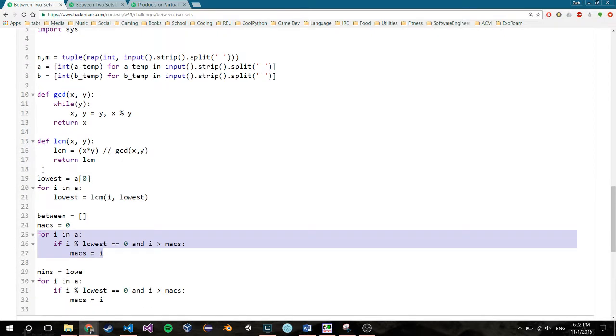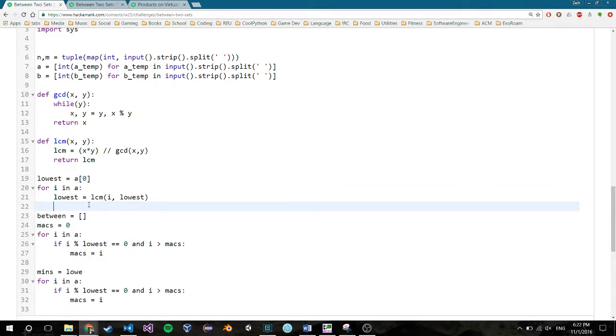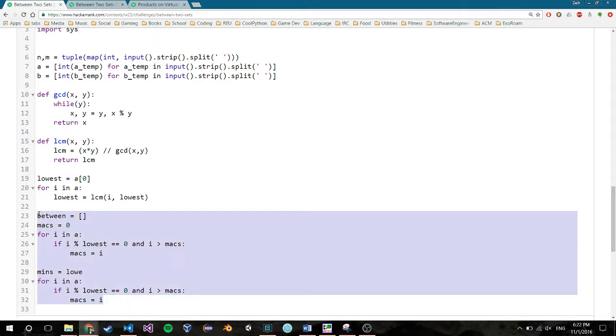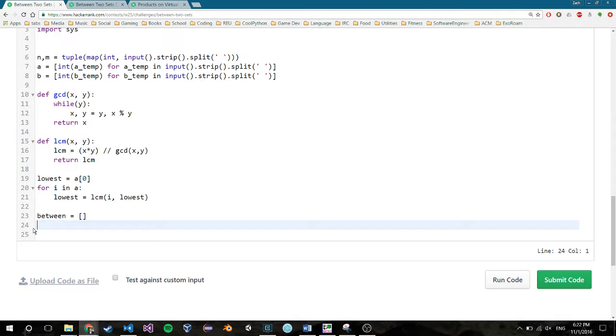For whenever we generate all the numbers between them, you need to know which one to start at, don't you? I was thinking you can take your lowest and generate multiples of that until you get to larger than the maximum. Oh, wow, yeah. But that's too easy though.